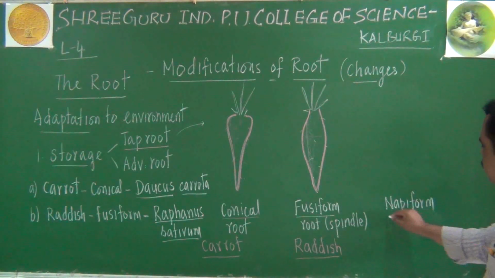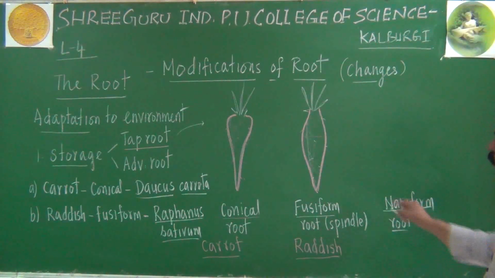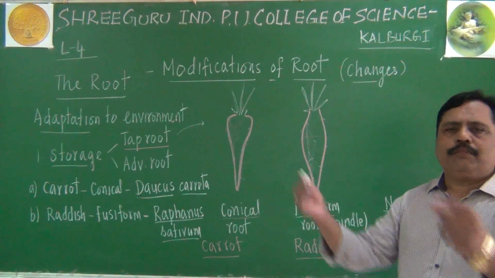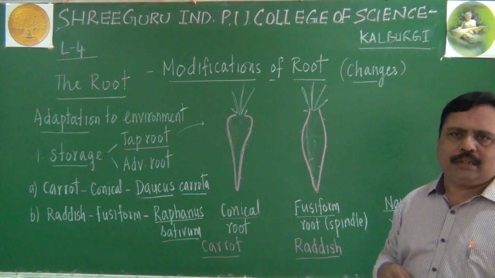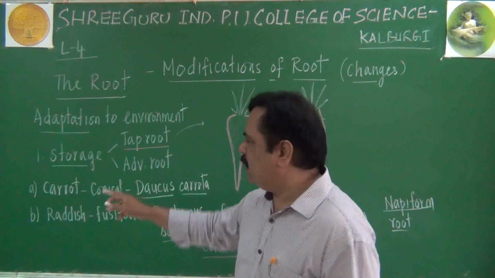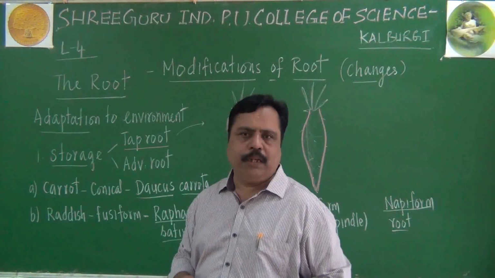Napiform modification, napiform root, it can be called, remember. Of course, in your textbook, these terminologies are not given. But by learning this terminology, you can remember the shape, that's all. For that purpose, remember, in competitive exams, these terminologies can be asked. Conical, fusiform, napiform, like that.